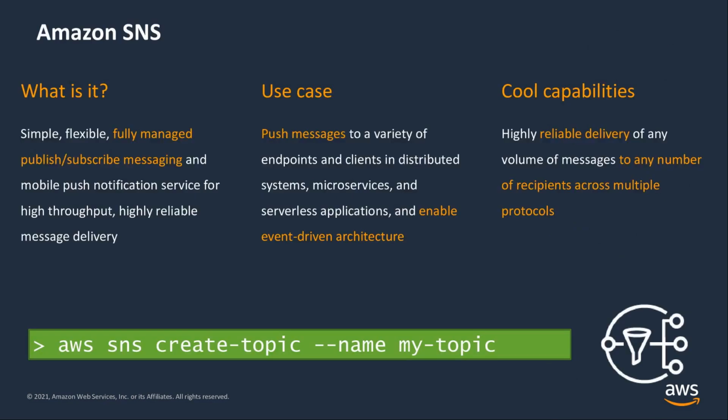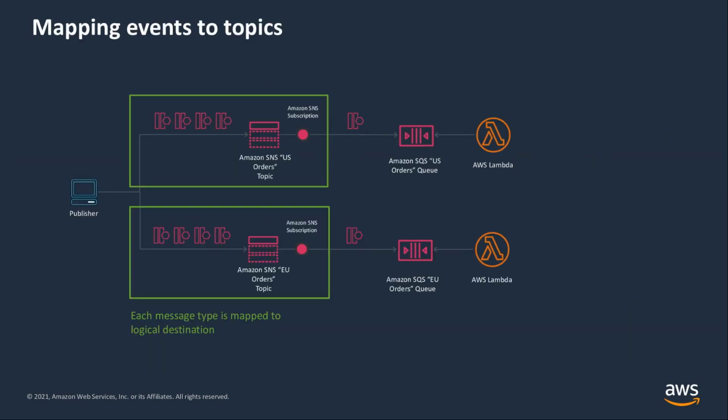All right, so like I mentioned, SNS. This is our pub/sub service, so publish and subscribe, and it's for lower latency applications than what you could accomplish with Eventbridge. By default, SNS subscribers receive every message that is sent to a topic.